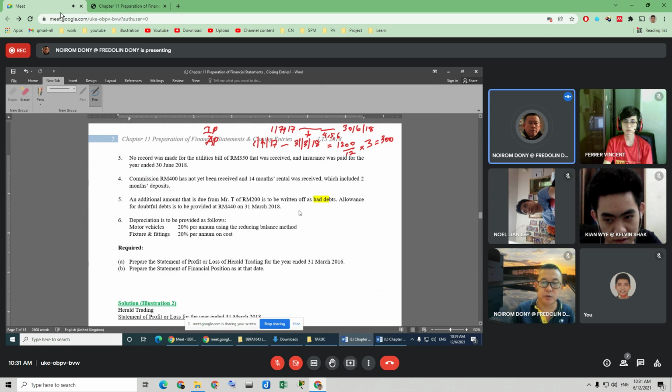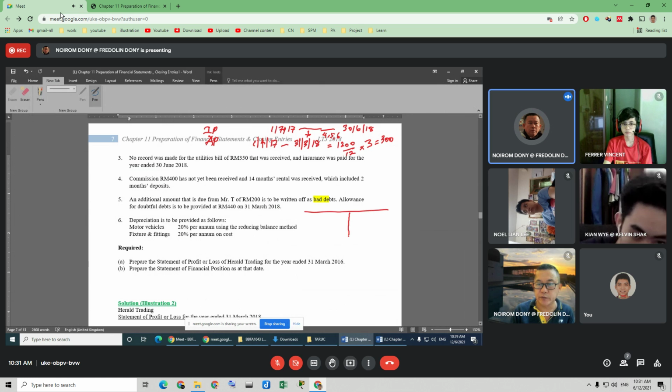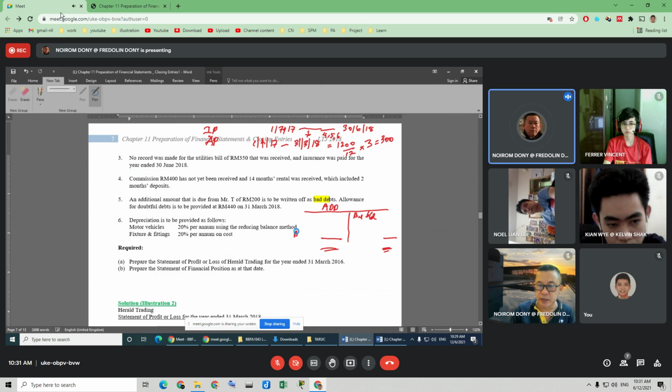I just want to illustrate in a ledger form, so it will be much easier for you to understand. This is allowance for doubtful debts. So balance BD opening and closing balance CD, then balance BD. So this is how you record it.